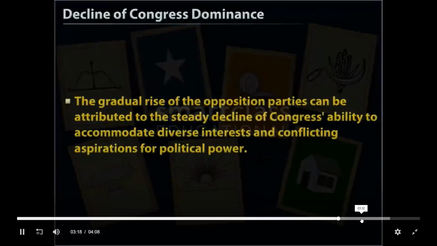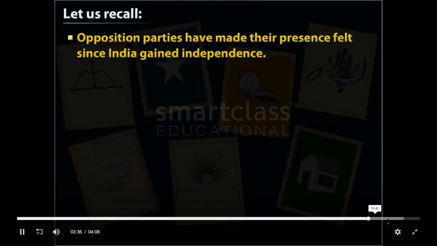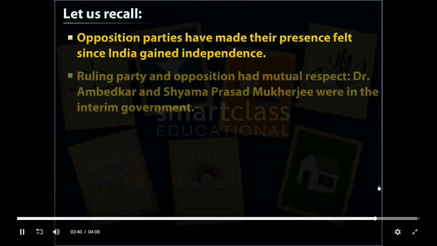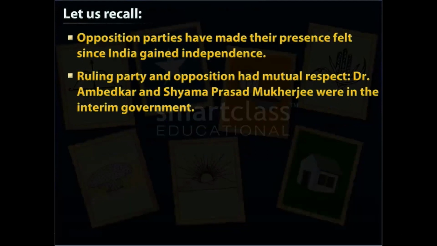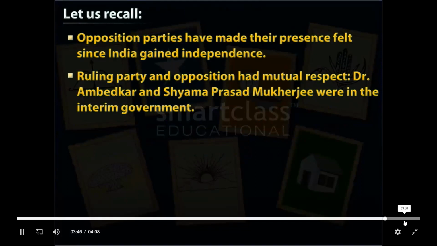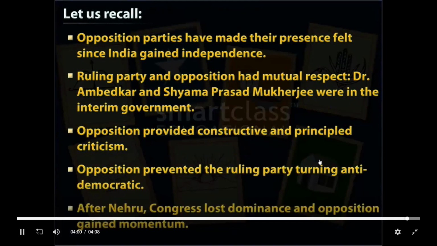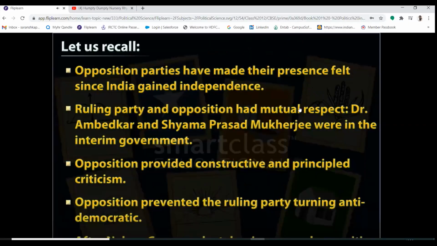The gradual rise of the opposition parties can be attributed to the steady decline of Congress' ability to accommodate diverse parties. Opposition parties have made their presence felt since India gained independence. Ruling party and opposition had mutual respect. Dr. Ambedkar and Shyama Prasad Mukherjee. After Nehru, Congress lost dominance and opposition gained momentum.